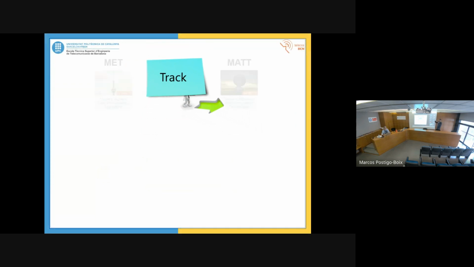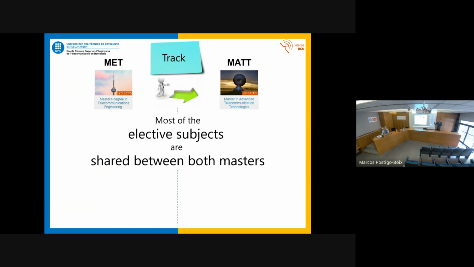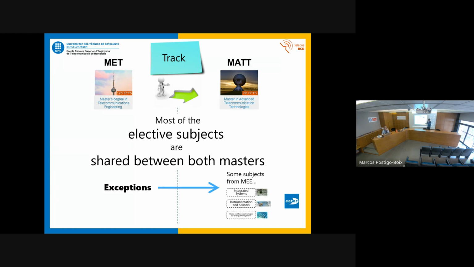Let's see the differences first in terms of the track that you will follow in the master, to do with the elective subjects. Basically, in both masters you are going to find the same subjects. Both masters are going to share basically the same subjects. There are some exceptions, especially in the Master MAT: the tracks that are related to electronics.